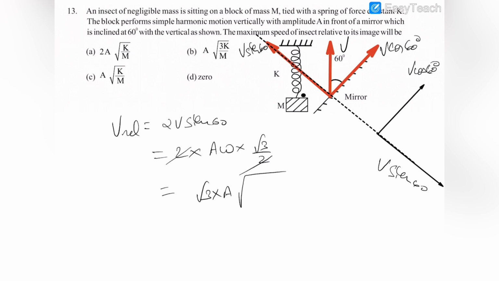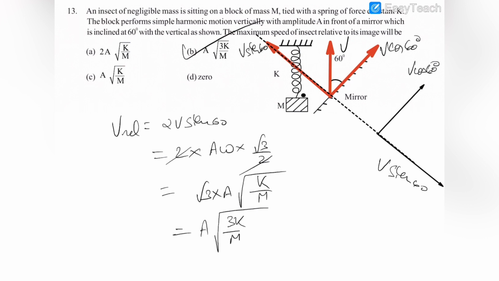Now you can see that the block has a mass of m, and this insect has a negligible mass, so omega would be under root k by m. So you can rearrange the terms and write it down as 3k by m. So the correct answer would be option number B.